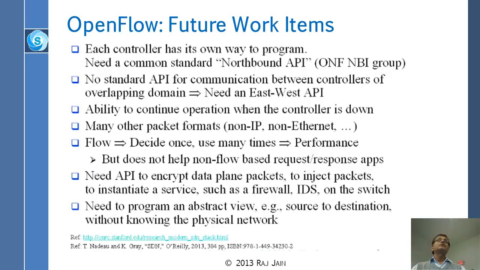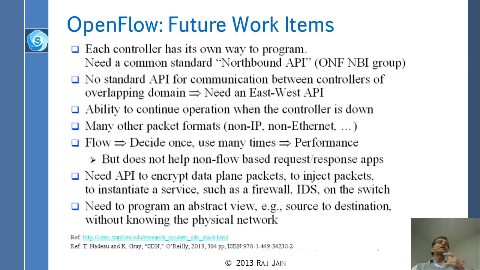And that's what we need to do: we need to define somehow control such that it can continue the operation. Okay, moving on. Many other packet formats. Now, every time we have a new version of OpenFlow, we add something. So we have added MPLS, we have added IPv6, and so on and so forth. So what about some more protocols?